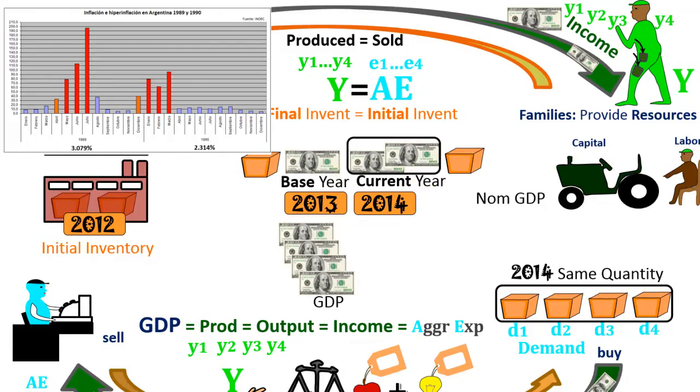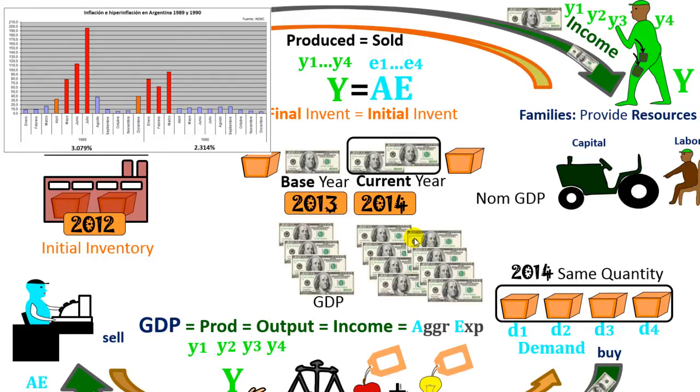So 4 times 200 is 800, so 800 is the nominal GDP for this year. Whereas the real GDP is the same quantities times not the current year's prices but the base year's prices. So 4 times 100 is 400.